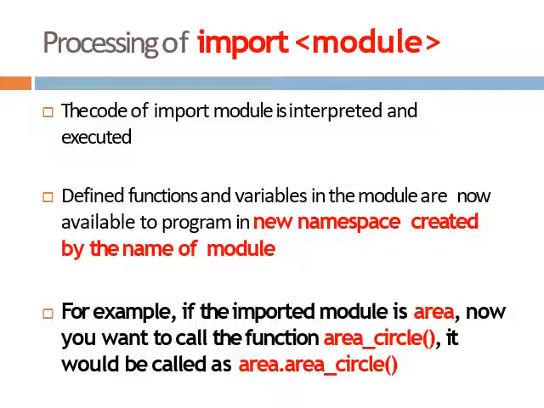Now, how to use this function? It can be used using dot notation. If area is the module and area_circle is the function, I'll refer to it as area.area_circle for the area of a circle. So this is how the first type of import statement, import module, will be processed in Python.